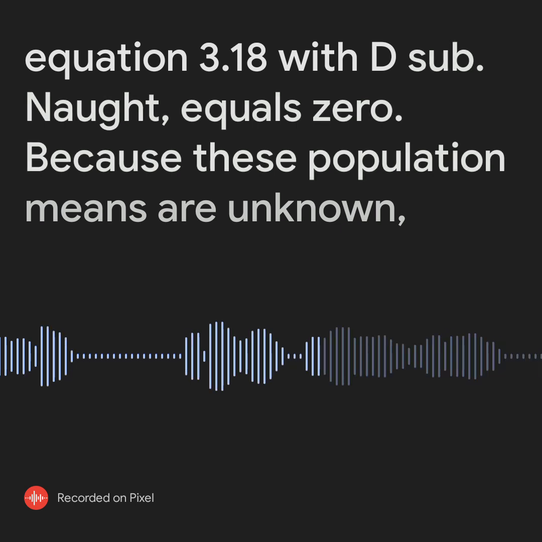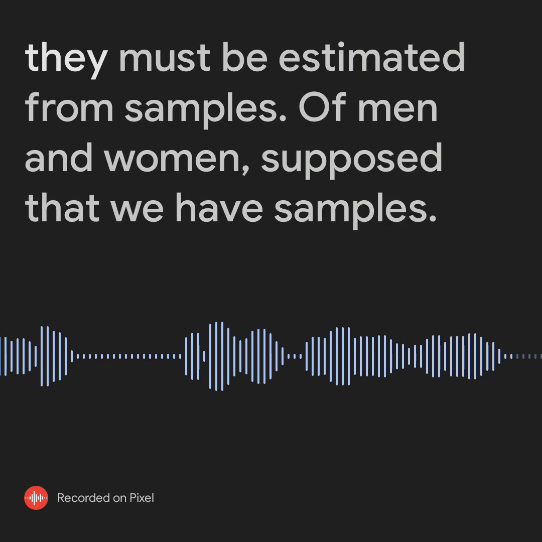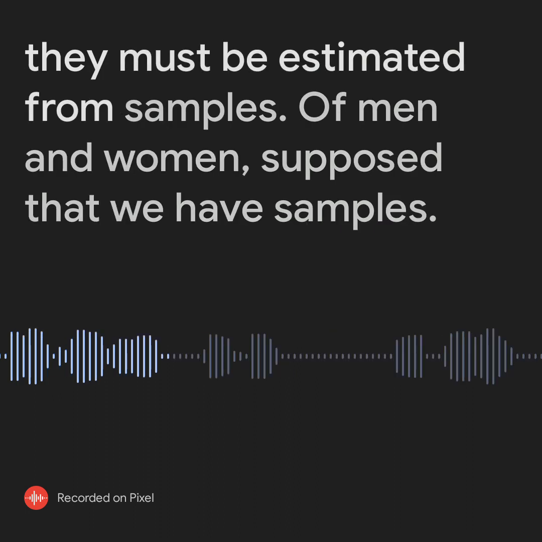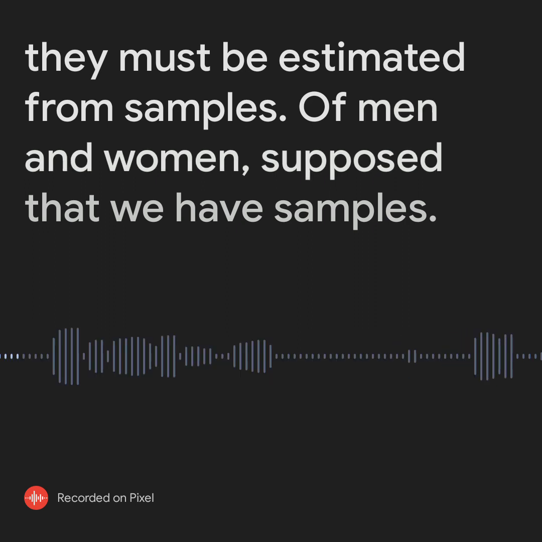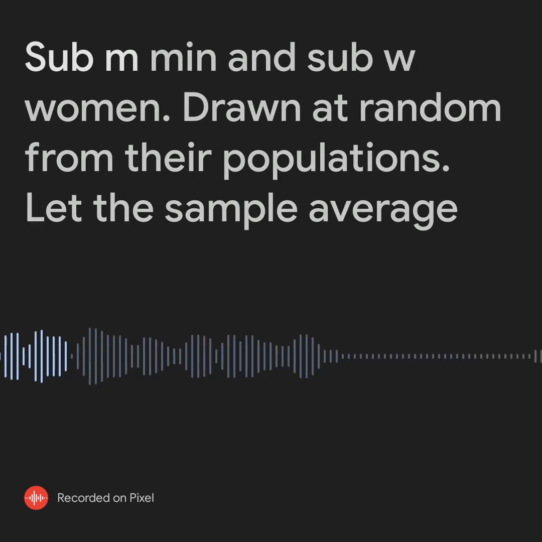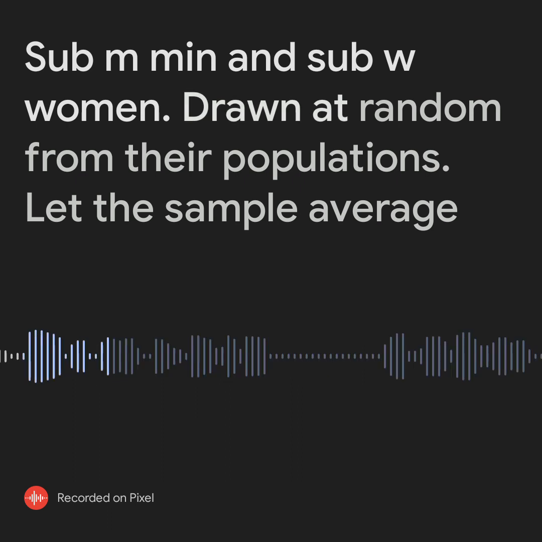Because these population means are unknown, they must be estimated from samples of men and women. Suppose that we have samples of n_m men and n_w women drawn at random from their populations.